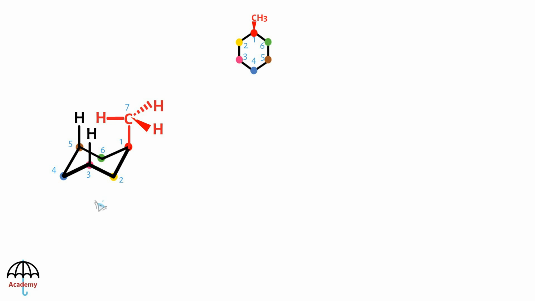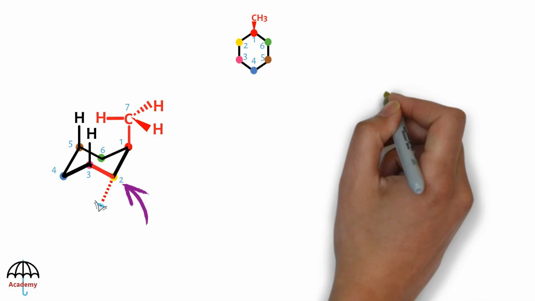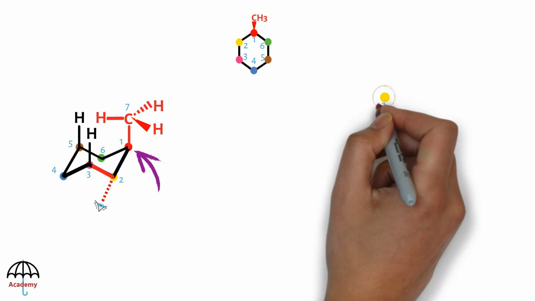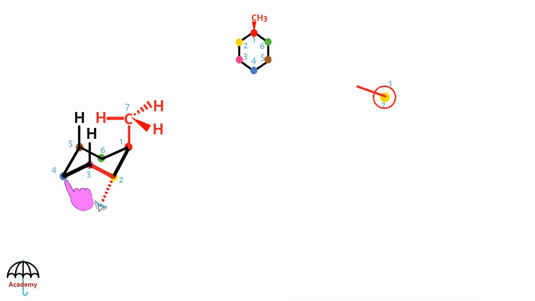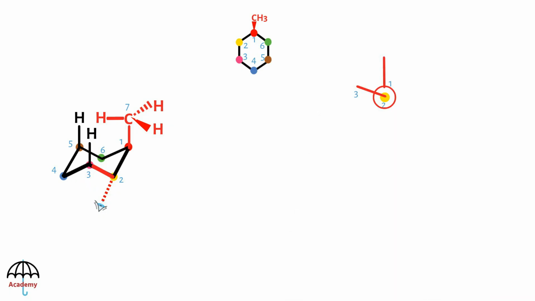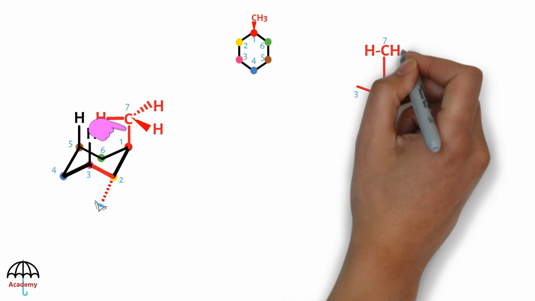If we look through the C2-C1 bond and draw the Newman projection, we see the carbon 2 on front, denoted here as yellow dot. The back carbon 1 is drawn as red circle. C2-C3 bond on front points towards left. On the back carbon C1, we see C1-C7 methyl pointing up.